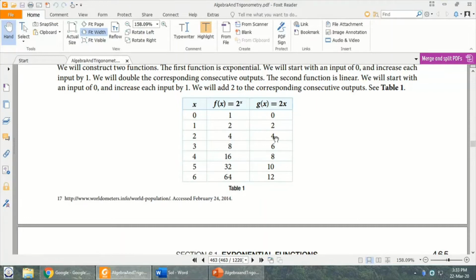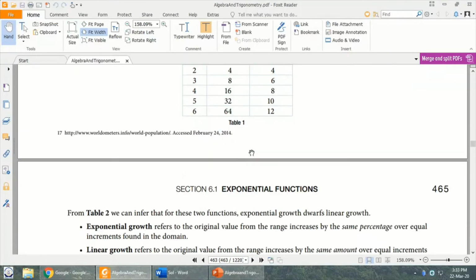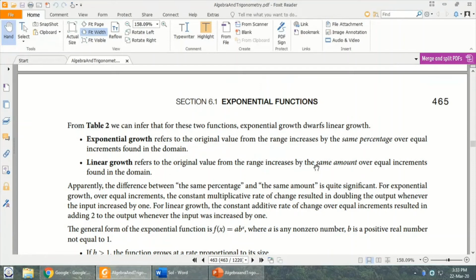This is an addition, and this is a multiplication of 2 into 2 and into 2, which basically means that it is rising exponentially.